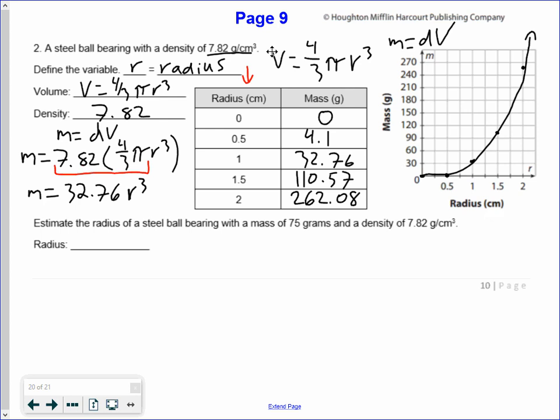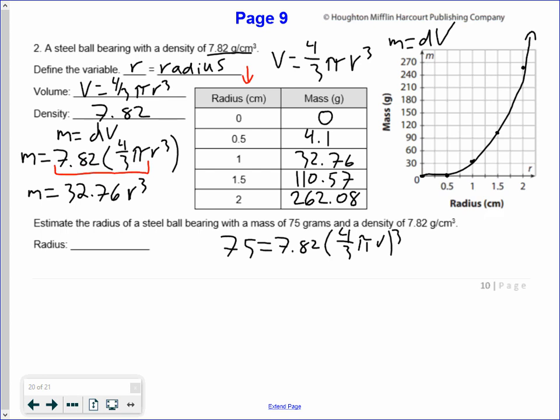And what I'm asked now is to estimate the radius of a steel ball bearing with a mass of 75 grams and a density of 7.82. So it's really just asking what my radius is going to be. I have a mass of 75, and I have that 7.82 times 4 over 3 pi r cubed. It's the same exact formula we just used.